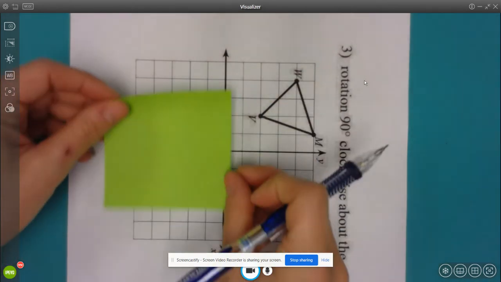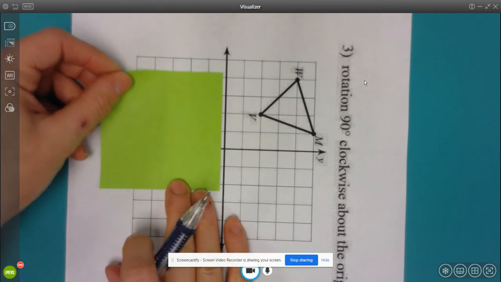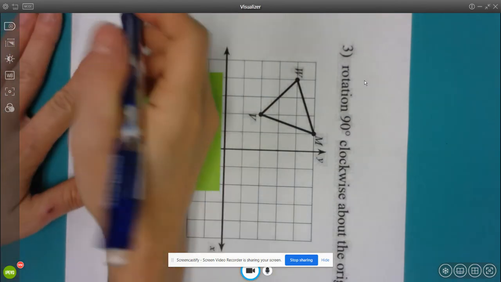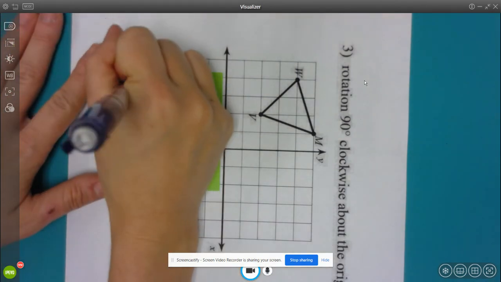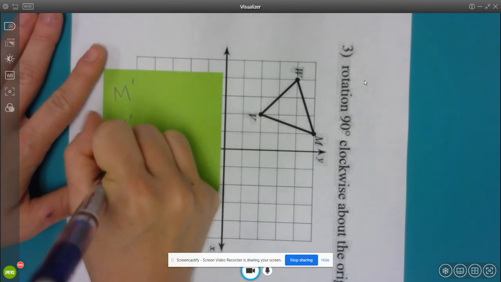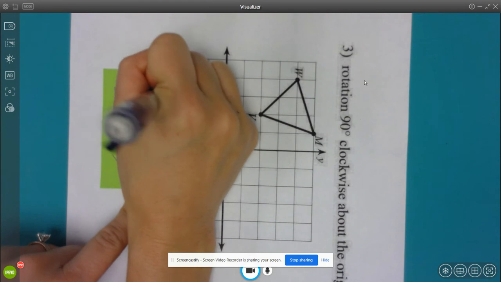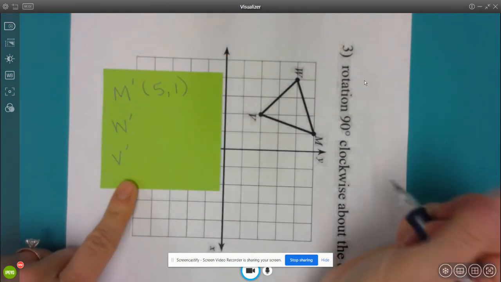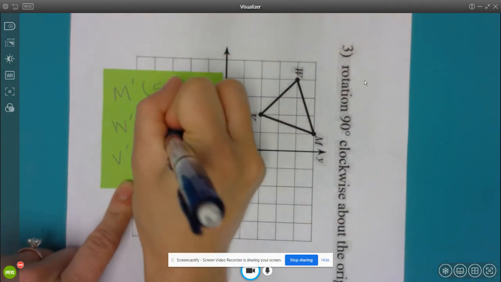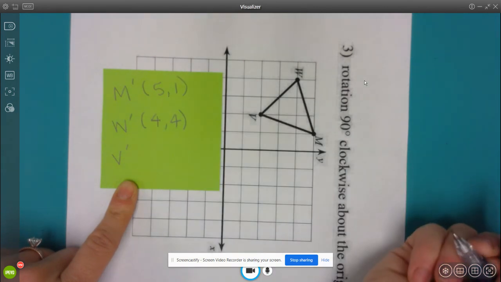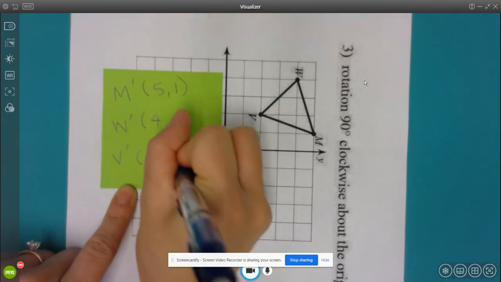So let's write my image coordinates. So I have M prime, W prime, and V prime. So M prime will be at 5, 1. W prime will be at 4, 4. And V prime will be at 2, 2.